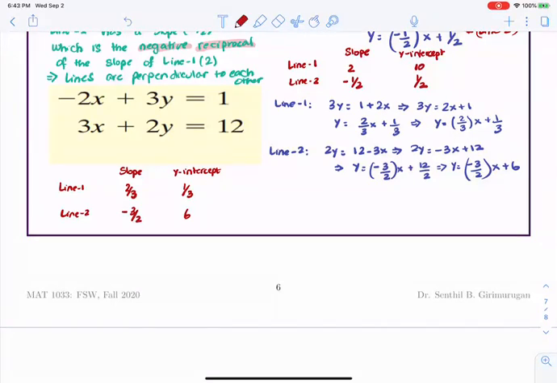So line 2 has a slope which is a negative reciprocal of the slope of line 1. So the two lines are perpendicular. Again, perpendicular lines needn't have the same y-intercept, and parallel lines cannot have the same y-intercept.